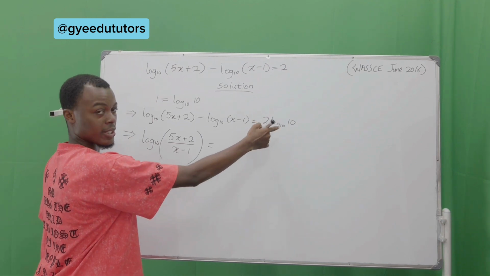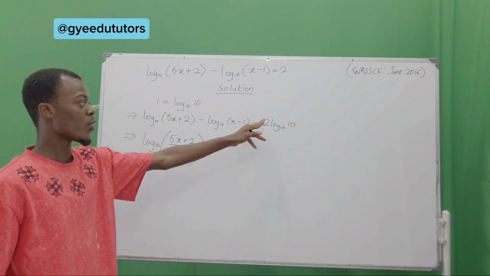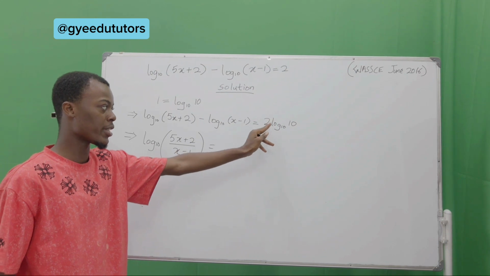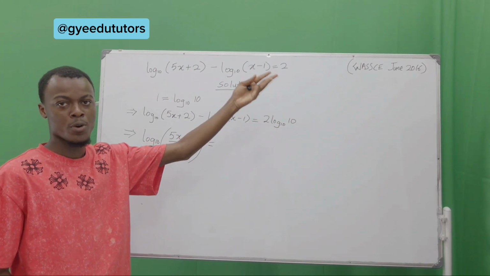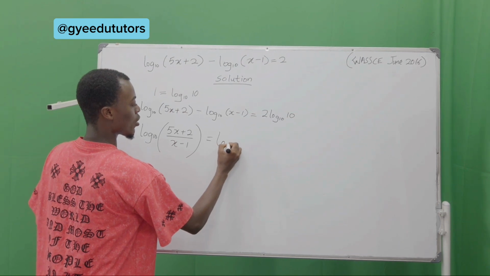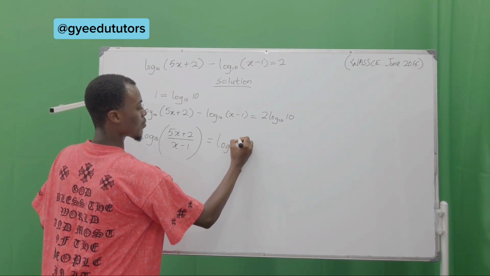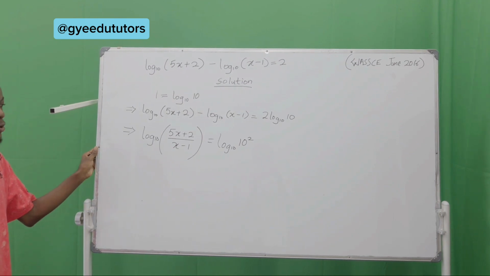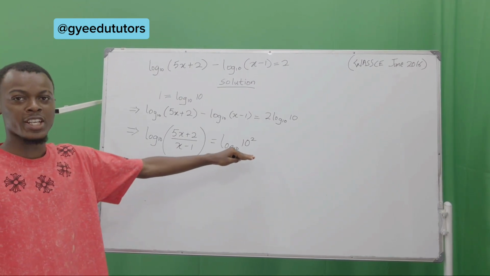2 log 10, 10. But now you can bring the 2 which is in front of the log 10, 10 up. It's also a property of log. So now we have what? Log 10, 10 squared. Now, here we have a common base of log 10 and log 10 here.